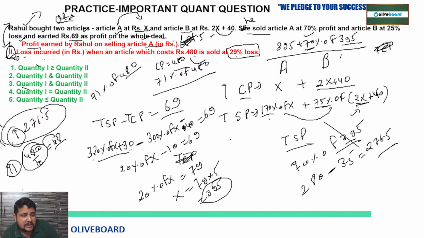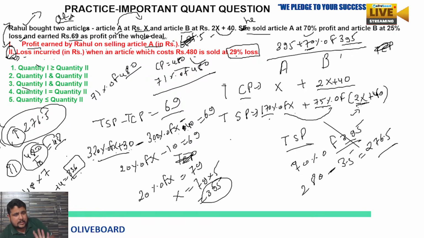Now just multiply 48 with 7. 7 fives are 350 and 7 twos are 14. Just subtract, 336. Plus 1% is also there, but no need to calculate that even. 70% of 480 is also greater than quantity 1 because that is 276.5.